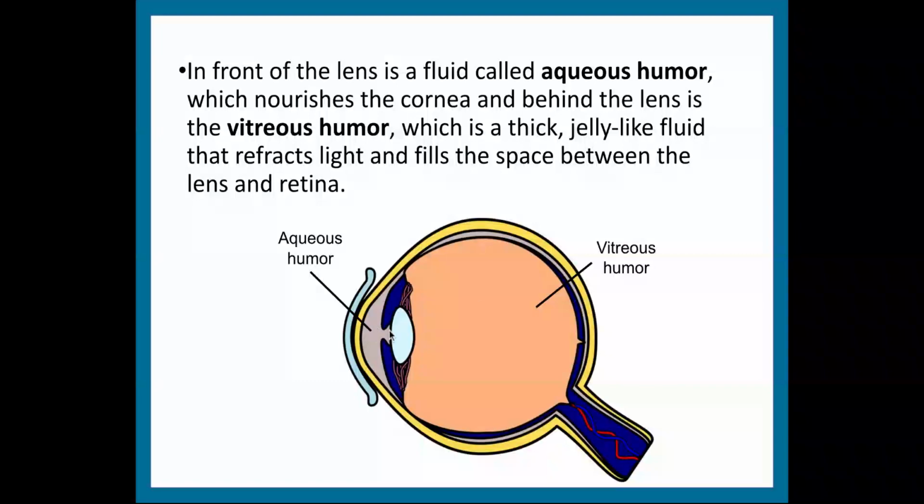So light's actually going to enter through your pupil, pass through the lens, and be refracted by this vitreous humor. And that light's going to eventually hit your retina.